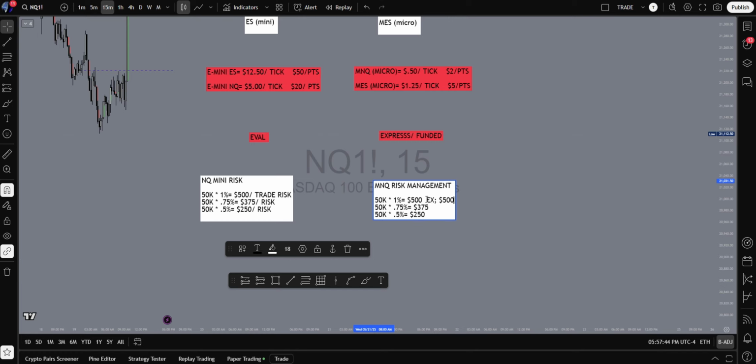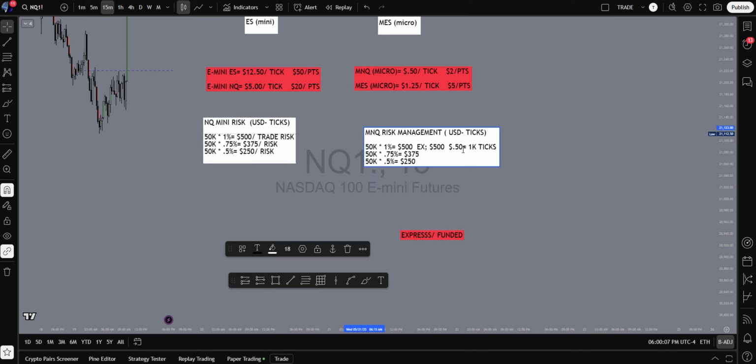So I'm on micro. $500, one tick is $0.50. So I have $500. I want to know USD converted to ticks. Okay, so going back to MNQ, if one tick is 50 cents, what's $500 divided?